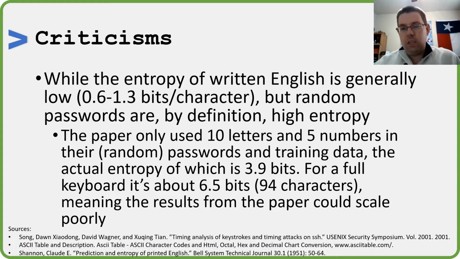Now, when you talk about a full keyboard with all the uppercase, lowercase, special characters, numbers, and all of that, if you look at ASCII, you have 94, or 95 if you include space, which gets you to about 6.5 bits of information per character, which means that you've got a lot bigger job than I think the paper is recognizing in guessing at the password as far as the amount of information you get. So I wonder if their results are really going to scale as well as they think.